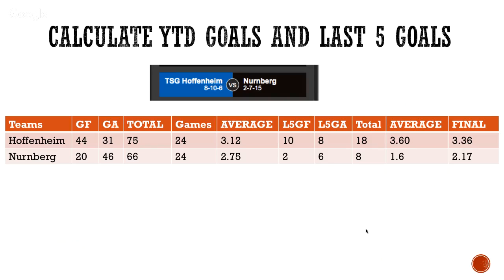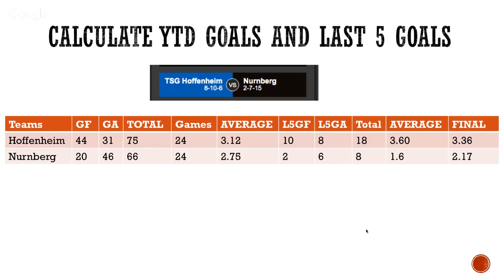So here's how we do this. You figure out the total amount of goals for and goals against, and then you add that up, and that gives you a total. The site that I use is soccerstats.com. I should have put a link in the description box. I'll probably add that later.